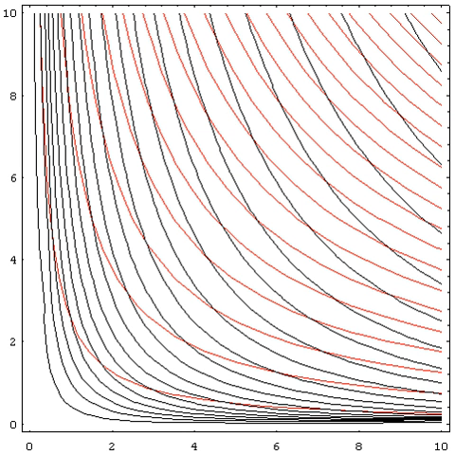This can also be written as T V^(gamma-1) = constant.